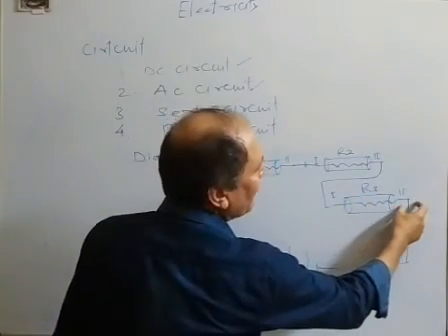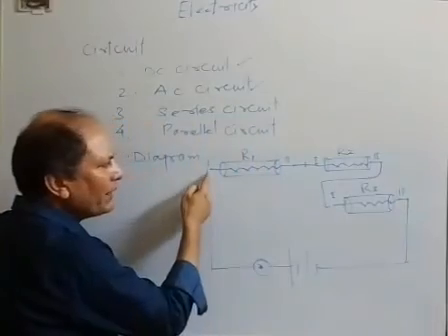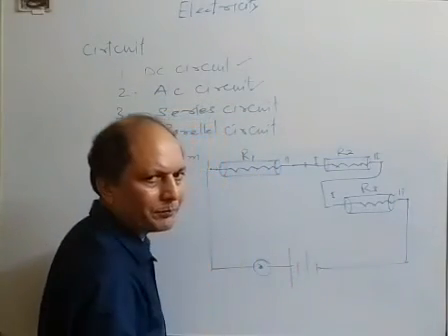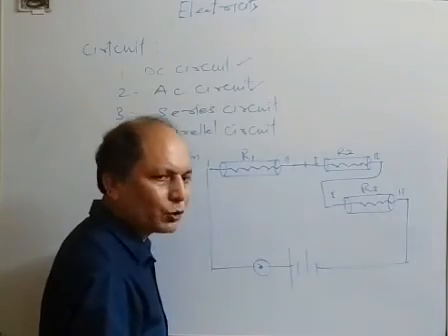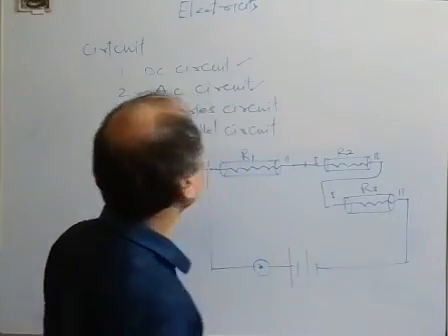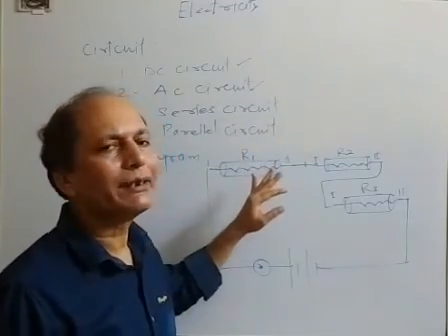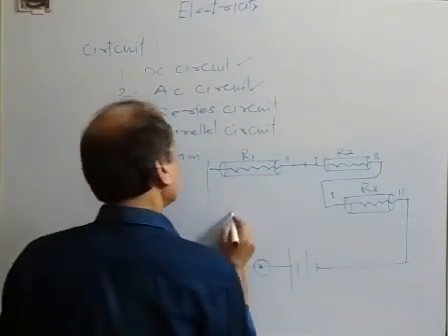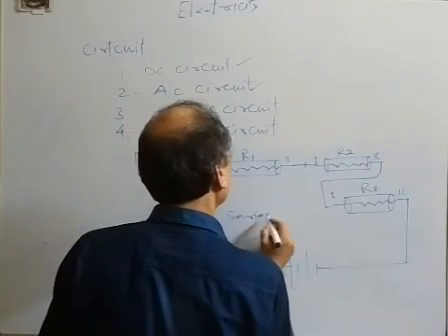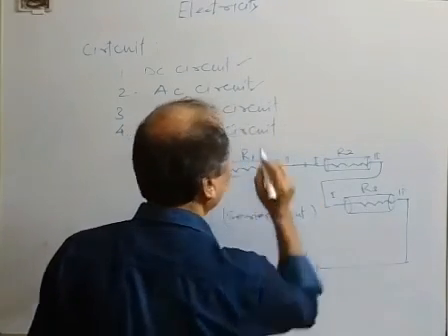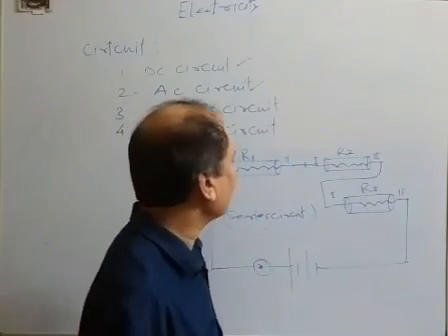So second terminal of last resistor and first terminal of first resistor are connected with electric source. Such type of circuit is known as series circuit.